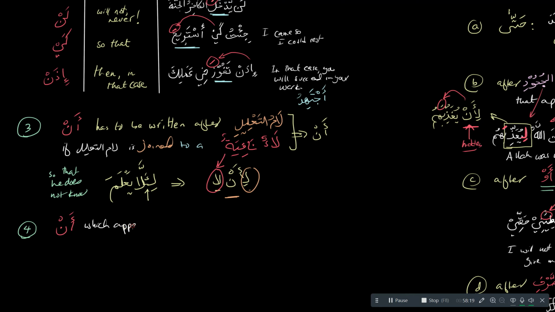An which appears after a verb with the root letters, oh, this is a special case, with some special case root letters, which is ain, lam, mim. Okay, this an is not a harf nasb.